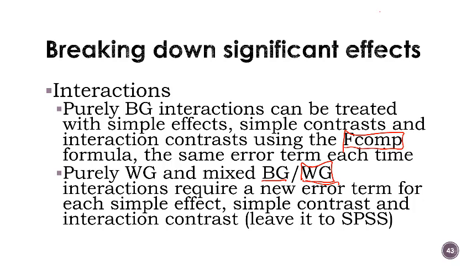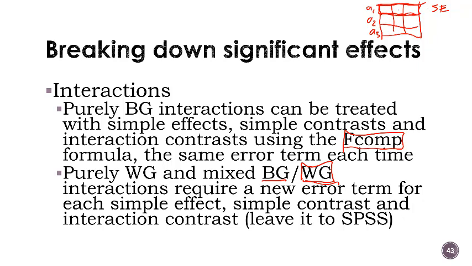Because in our data set, if we have the 3 by 3, right, if I want to look at the interaction between, this is A1, A2, A3. If I want to look at just A1 across B as a simple effect here, if I want to do that, I'm pretty much just going to run a one-way repeated measures that's going to have a new error term, a new everything.